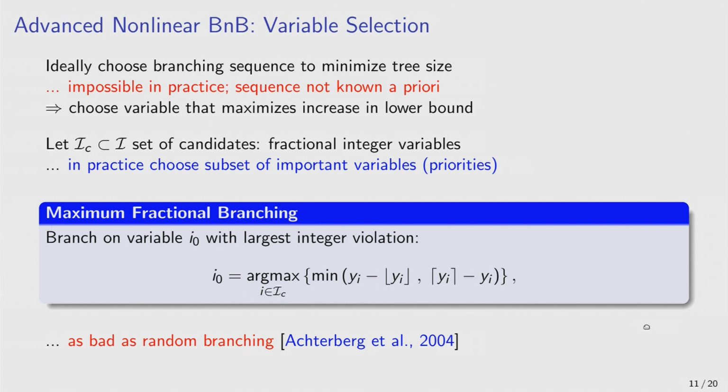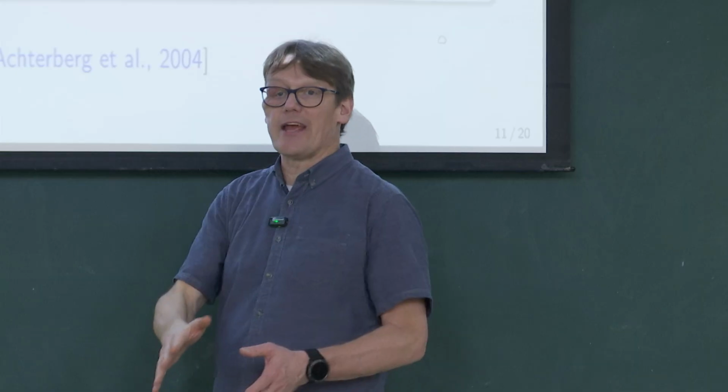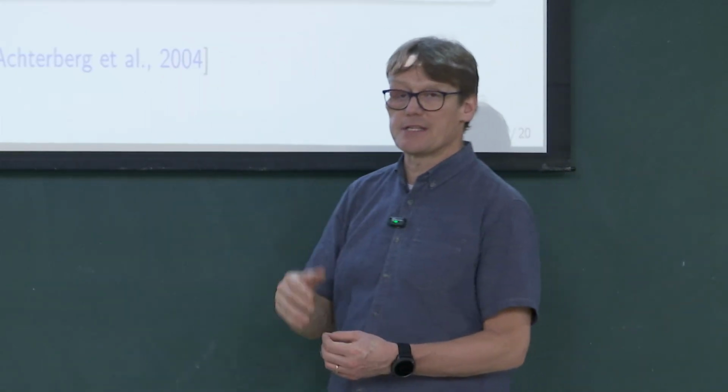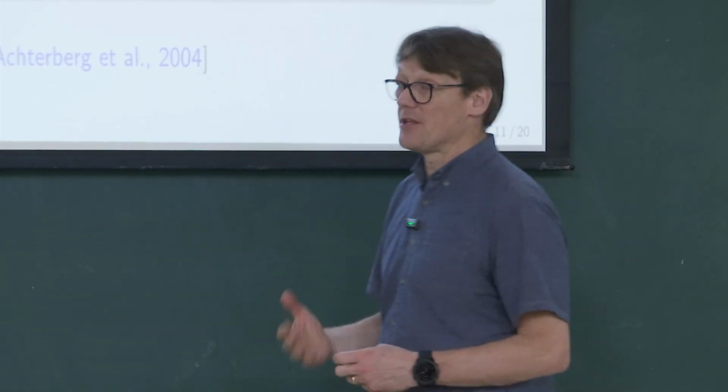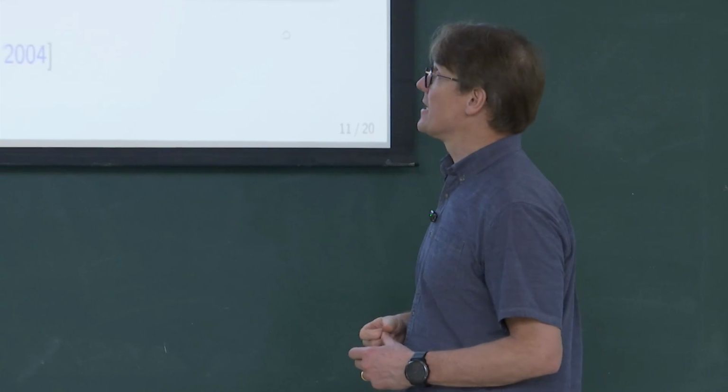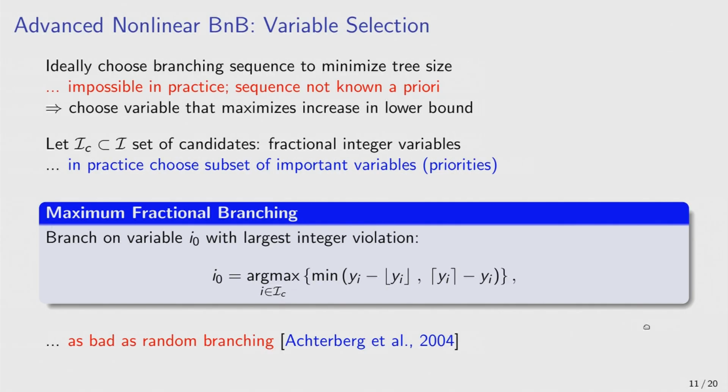So switching a piece of machinery on and off, a distillation column on and off, is more important than choosing the number of trays in the distillation column, because if you switch the distillation column off, then there are no trays, and the whole set of binary variables will be set to 0. And so if you know which variables are important, and the users can tell you that, then that's usually a good thing. So one way, a very bad way, is branching on the variable with the largest integer violation.